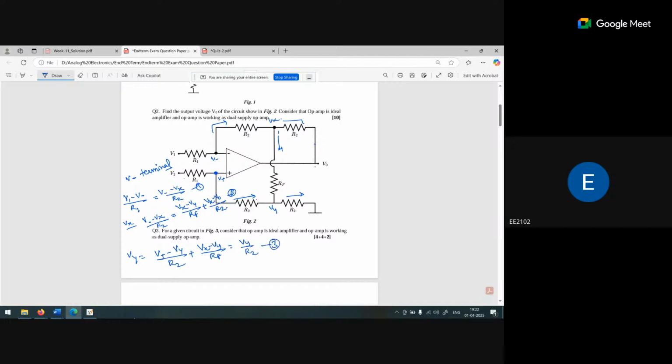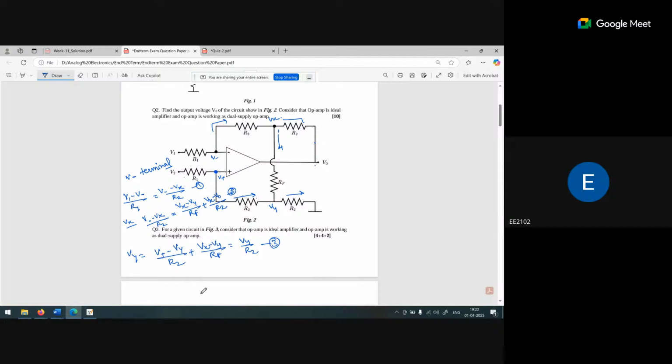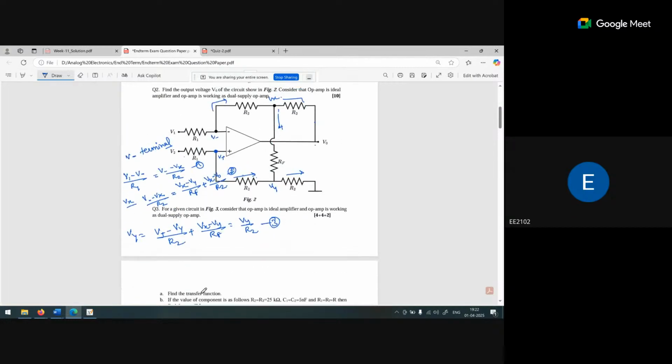This is the equation number 3. And finally, the equation number 4 is what? V2 minus V plus upon R1 is equal to V plus minus Vy upon R2. This is the equation number 4.